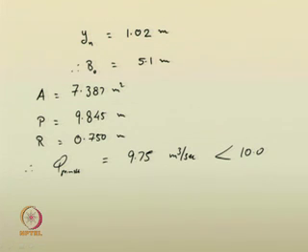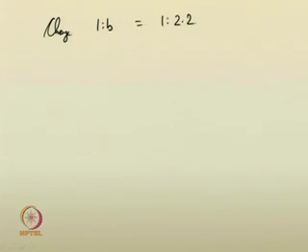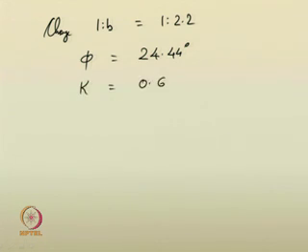So, when again the design was altered, the side slope is changed to 1 is to 2.2, your angle phi becomes 24.44 degrees. Unit tractive force was computed as 0.6619.